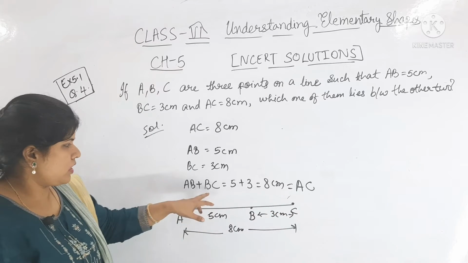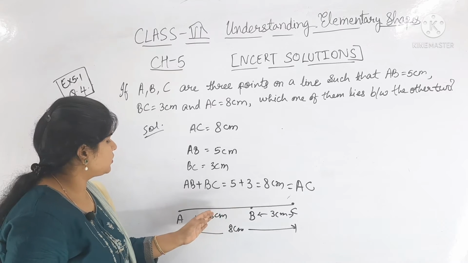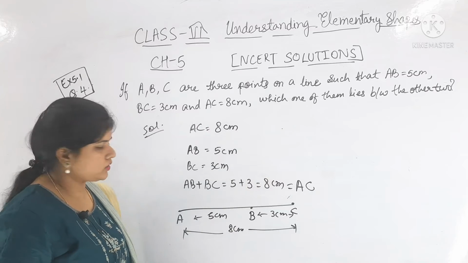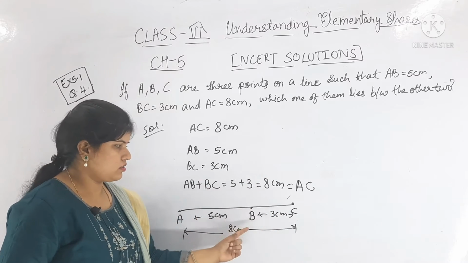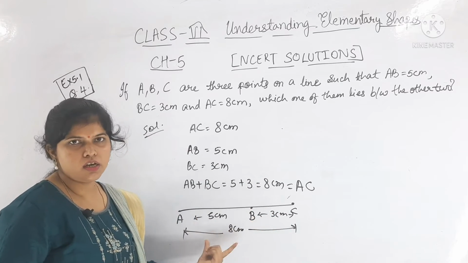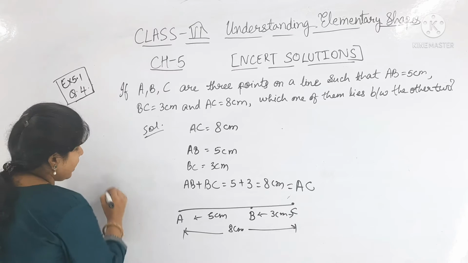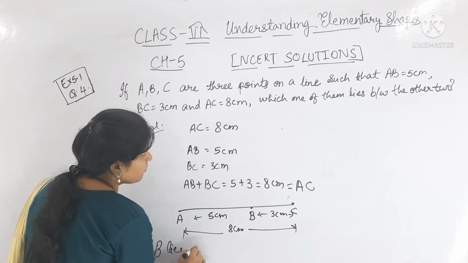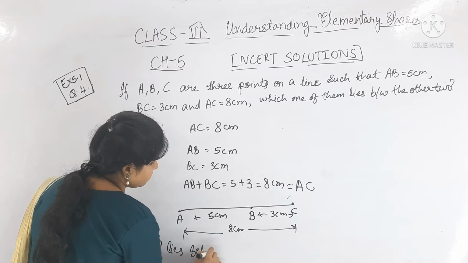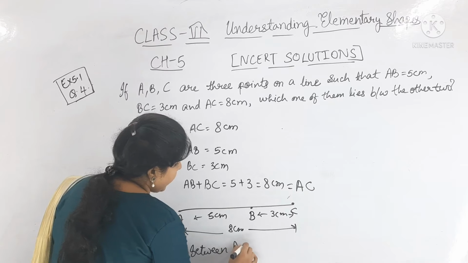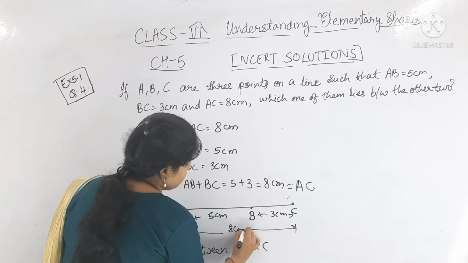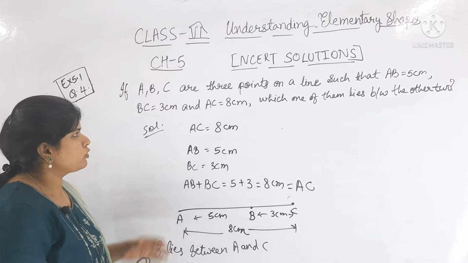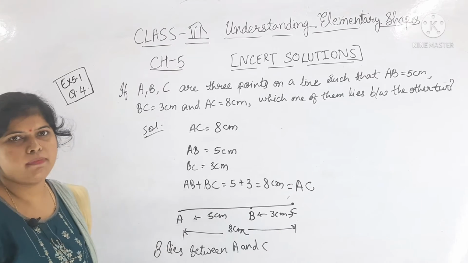From this it is verified which one of them lies between the other two: point B lies between A and C. So you have to write the answer like this: B lies between A and C. This is the solution for question number 4.